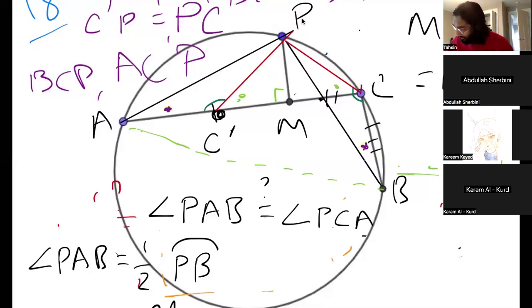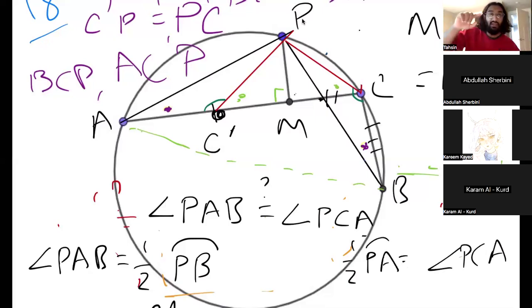And PCA is half of the arc PA. But now if we say AP and PB are the same, that means the arcs are also the same. Does it make sense? Okay, good.